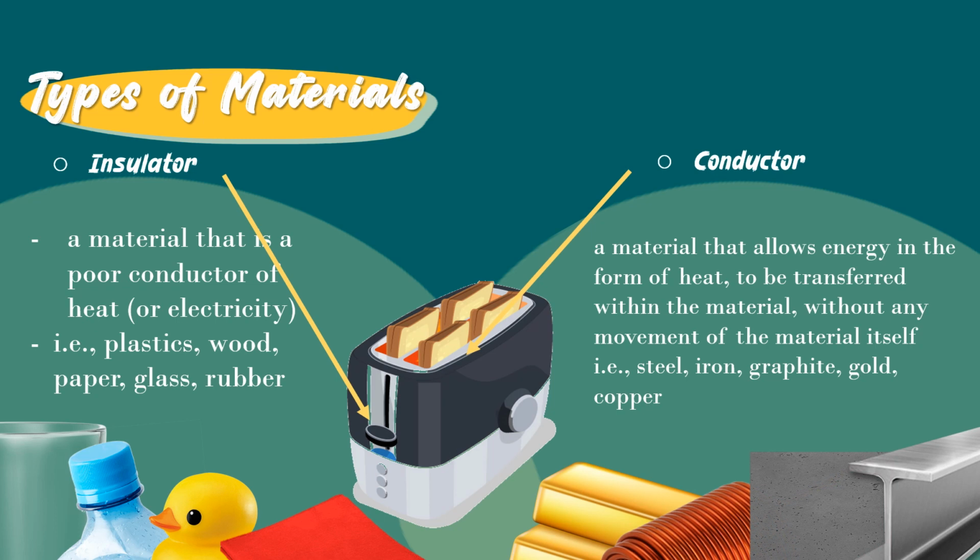Imagine the particles of metals like copper, brass, steel, gold. These metals have a certain structure in their molecules that allows them to collide faster and transfer the energy faster throughout the material.